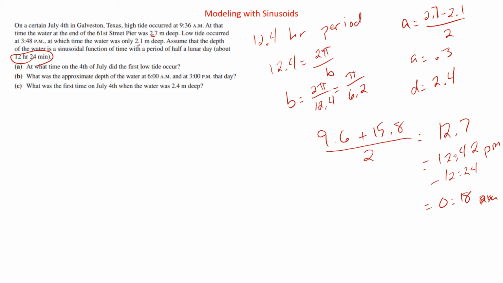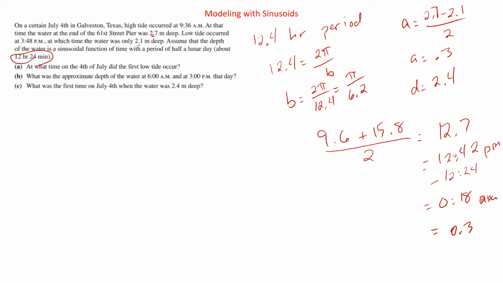And then if we wanted to change the 18 minutes into a decimal, because equations don't like time, like minutes and hours, this is going to be 0.3. So that is going to be the phase shift, 0.3.